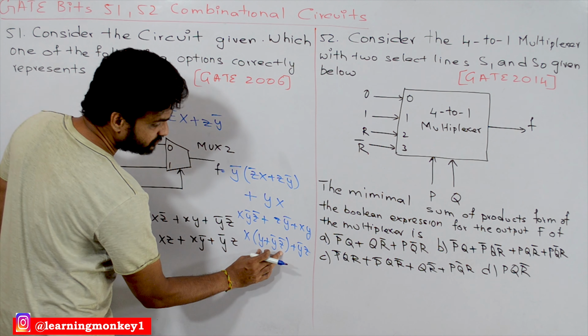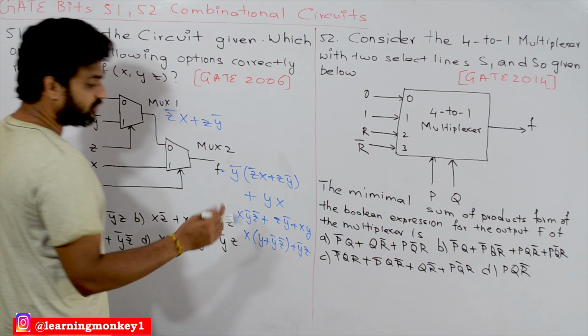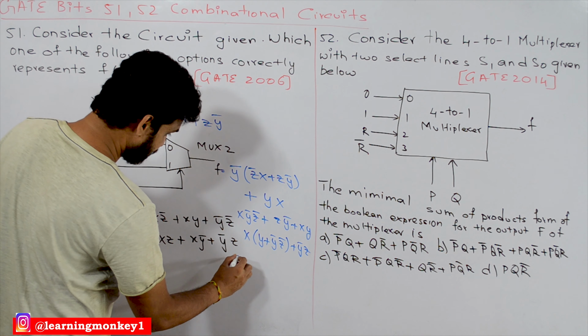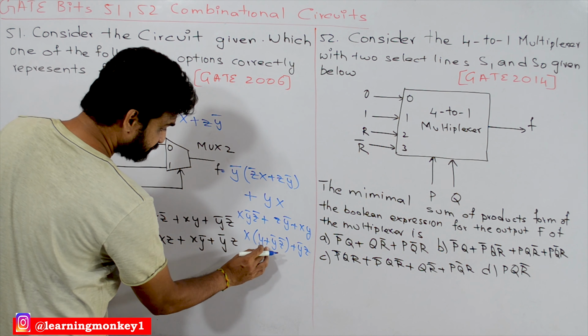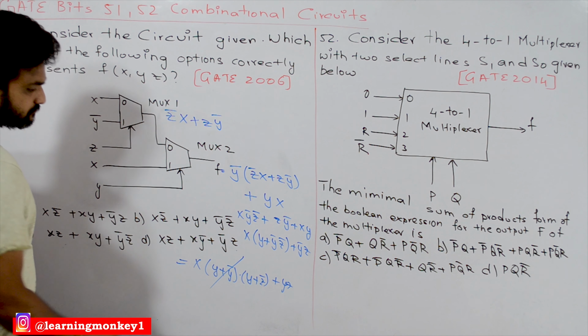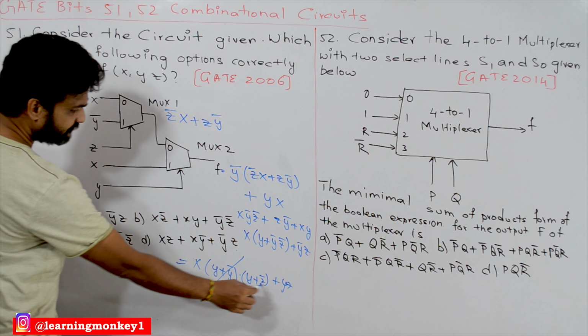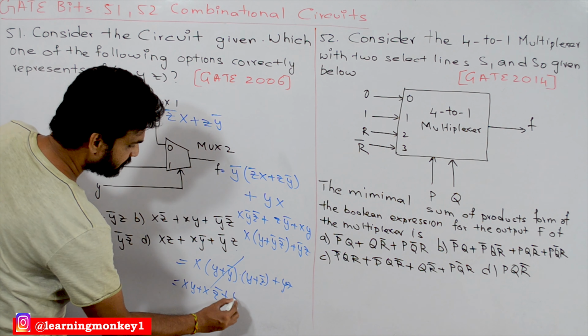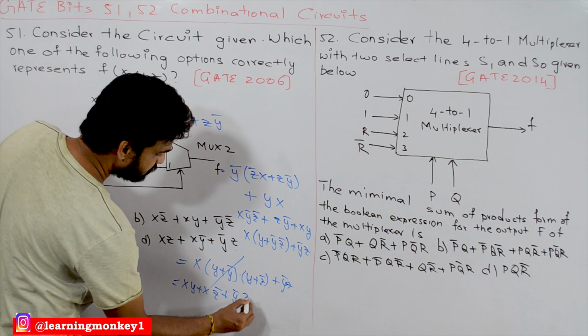If you apply the distributive law, the plus is distributed over dot, so it becomes x times (y plus y bar) times (y plus z bar) plus y bar z. Here y plus y bar is 1, and if you expand this, it is xy plus xz bar plus y bar z.